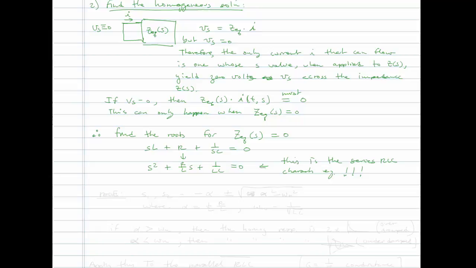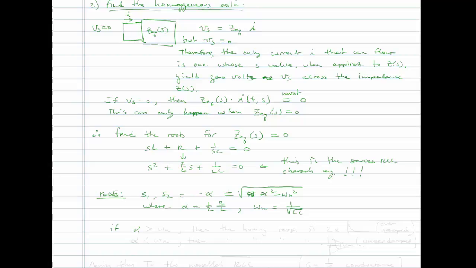So let's find the roots. The roots, we know this by now, S1 and S2 are equal to minus alpha plus or minus the square root of alpha squared minus omega n squared, or omega 0 squared, right? Where, recall, alpha is equal to 1/2 R over L for the series RLC circuit, and omega n is equal to 1 over the square root of LC.